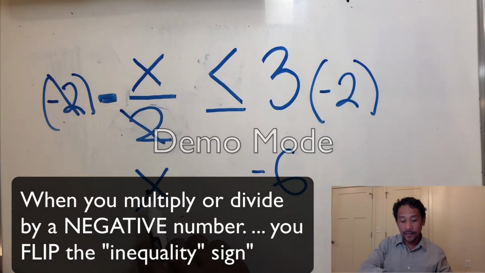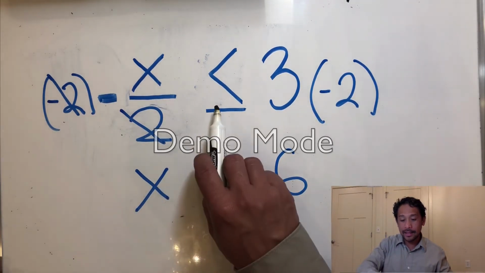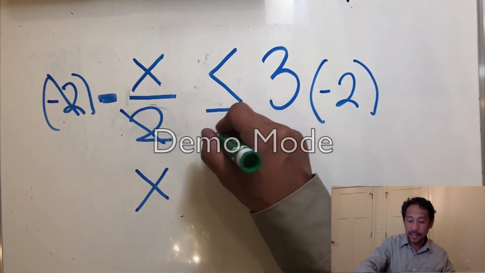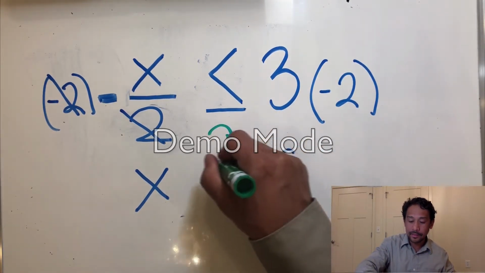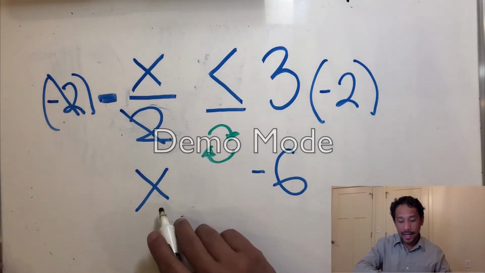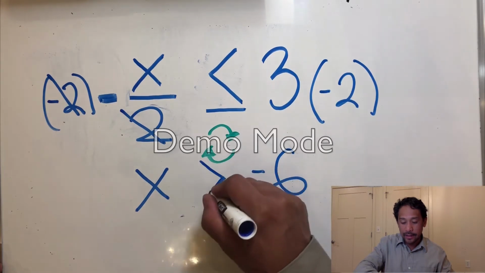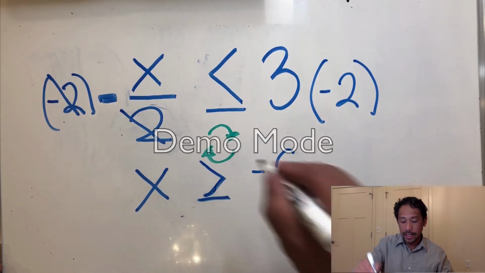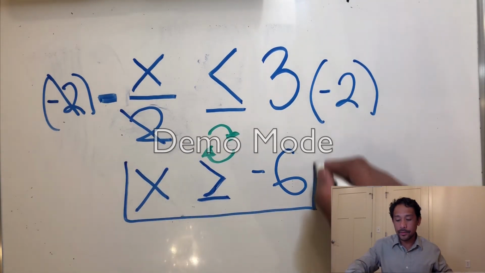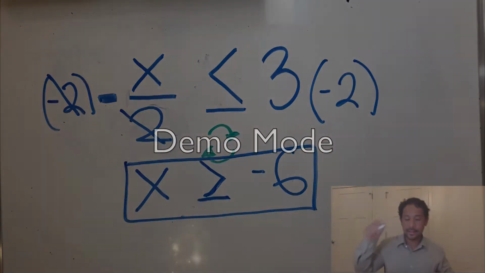So instead of x is less than or equal to 3, I will flip the sign. And I will have x is greater than or equal to negative 6. And the final answer would be this.